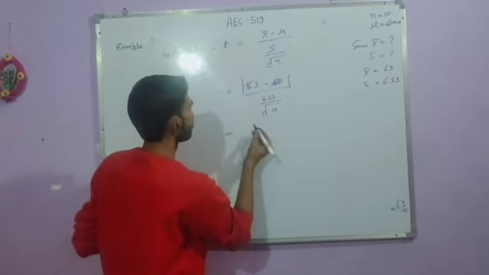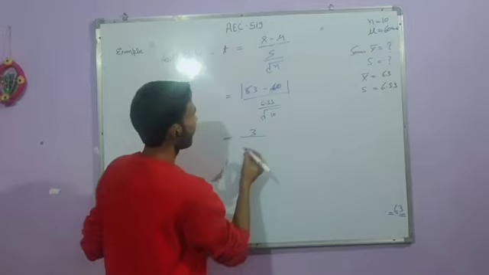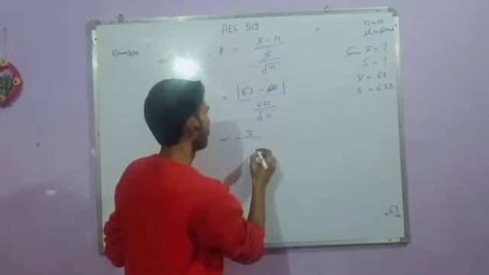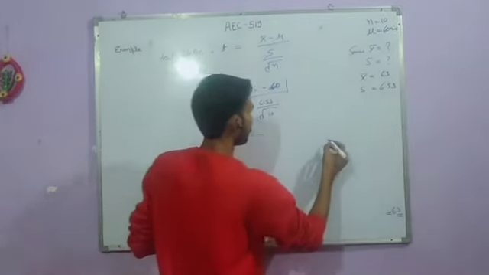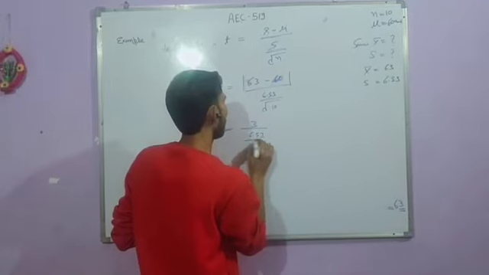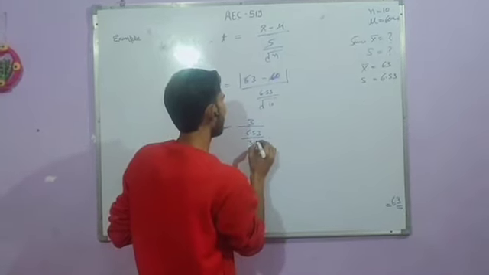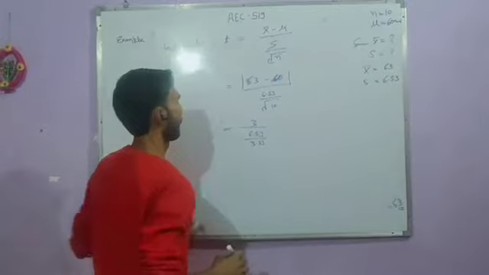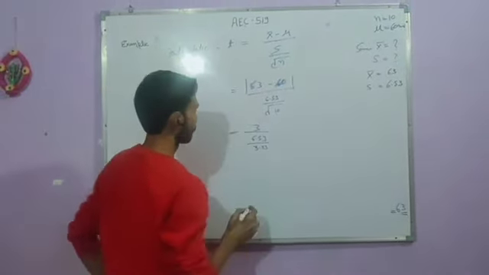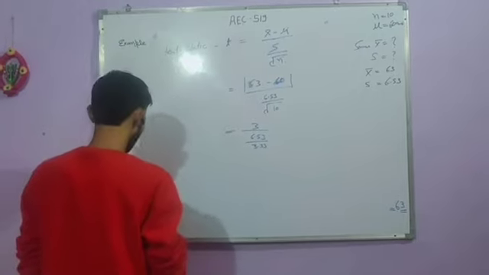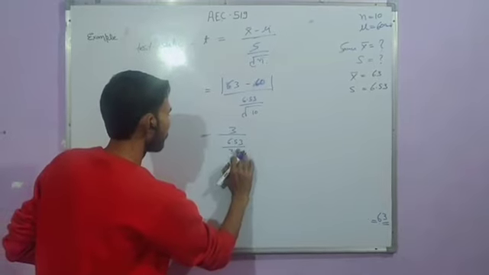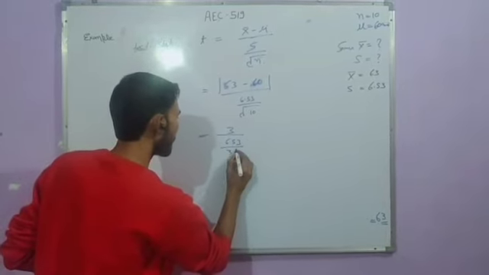Now 3 divided by 6.53 divided by under root 10. Here the under root 10 value is 3.16.